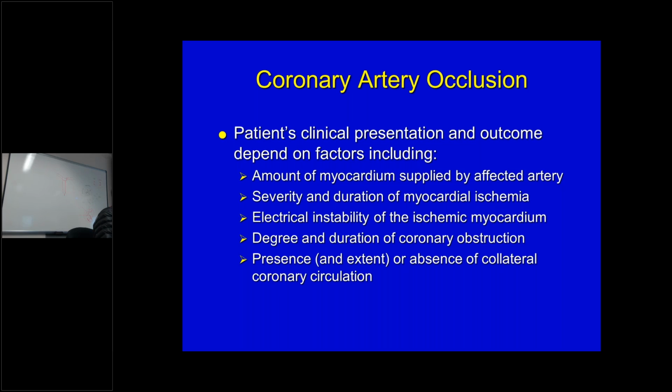So, factors affecting outcome. Obviously, this all comes down to the amount of myocardium affected and how much is supplied by the artery that's blocked, right? Depending on if you've got pacemaker cells in the vicinity, even if it's not a terrible amount of area that's affected, if it affects your electrical conduction system, that can be a big problem, right?